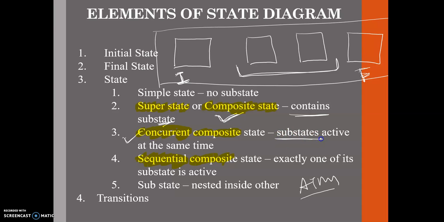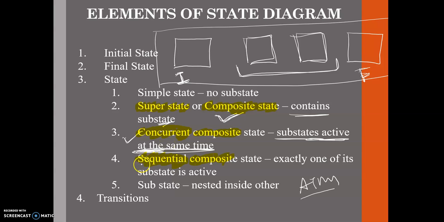The substates are active at the same time. Means something I am doing together. If I say this is state 1 and state 2, both are in an active mode at the same time.